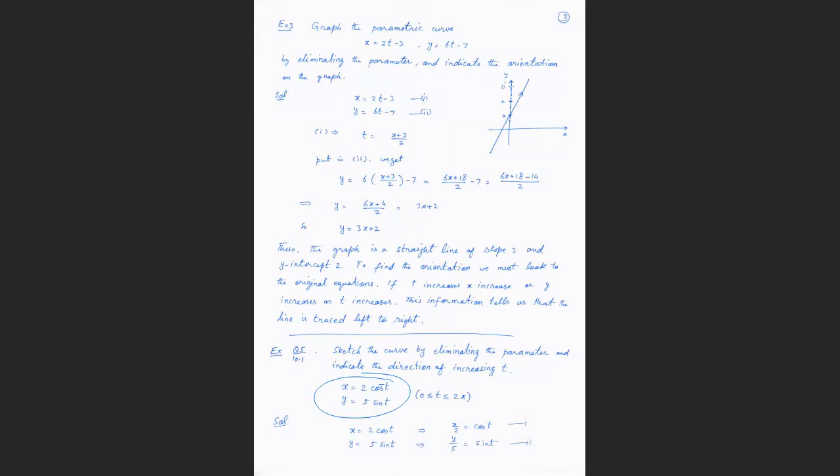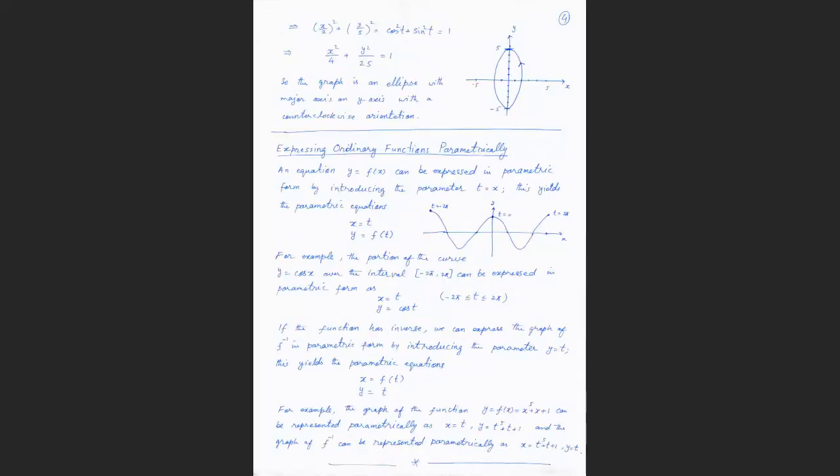X is equal to 2 cosine of t, y is equal to 5 sine of t. I take x by 2 is cosine of t and y by 5 is sine of t. Taking the square and adding them, I get x square by 4 plus y square by 25 is equal to cosine square plus sine square, which is equal to 1. So this is the equation, and this equation is an ellipse.